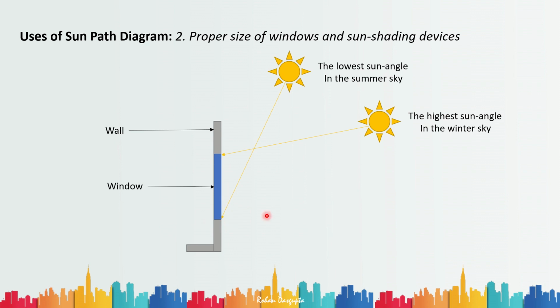And on the other hand, this may not be a very convenient thing for each and every site, in that you may have to cut the rays so that it doesn't enter your house during the summer. For that you may need a sun shading device, or the sunshade, which is also called a chhajja here. So you get to have a much more informed decision about what will be the size of the chhajja.